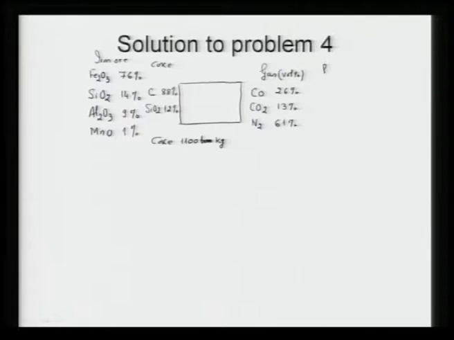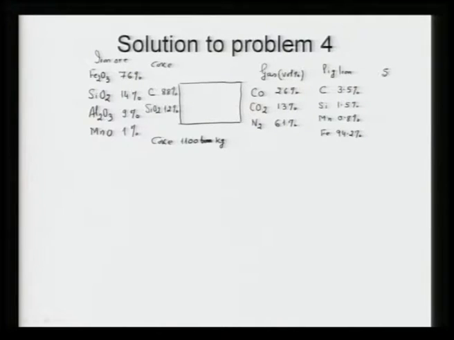Then the pig iron, its composition is given: it contains carbon which is 3.5 weight percent, silicon which is 1.5%, manganese which is 0.8% and the rest iron, which comes out to be equal to 94.2%.